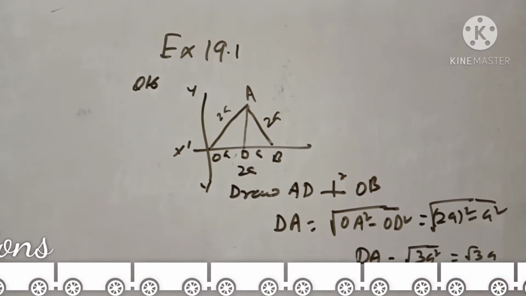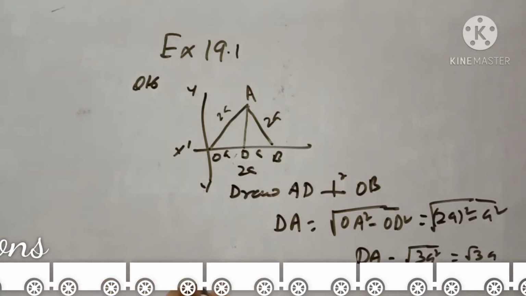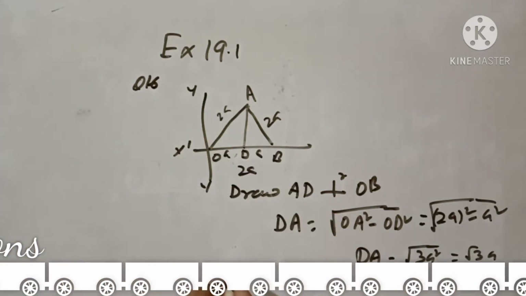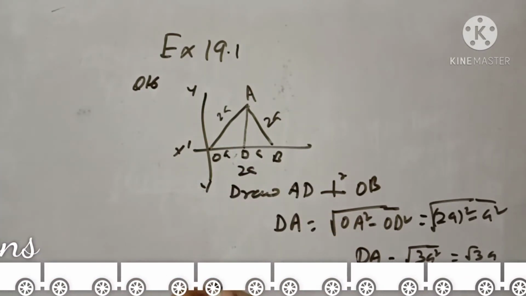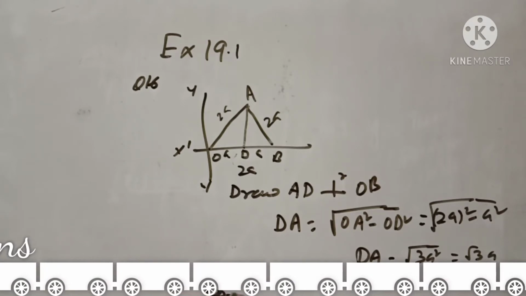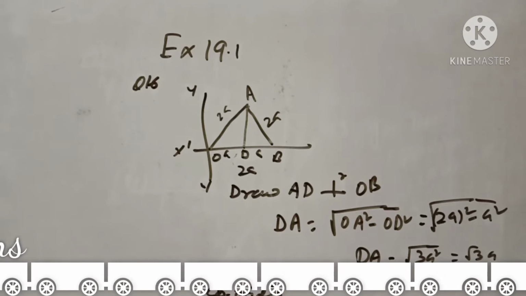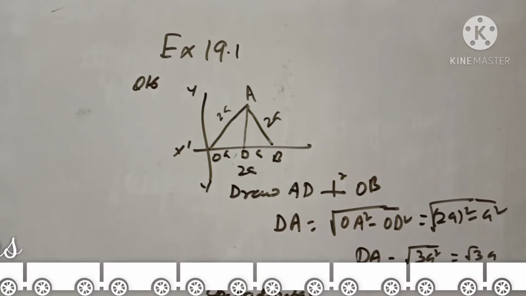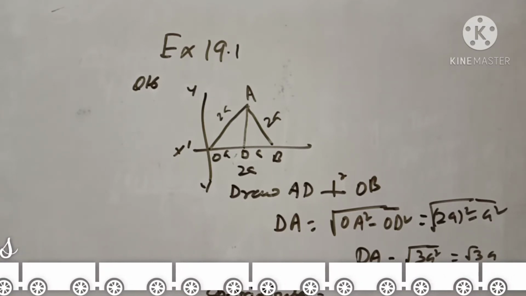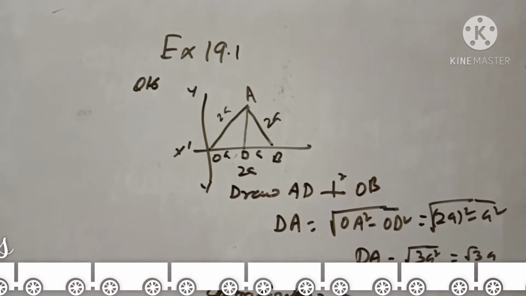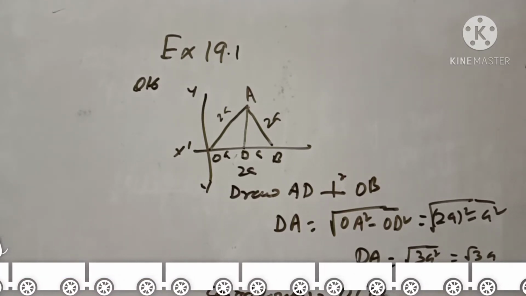Now coordinates of O. Because it is at the origin of the x-axis and y-axis, the coordinates of O equal 0, 0.